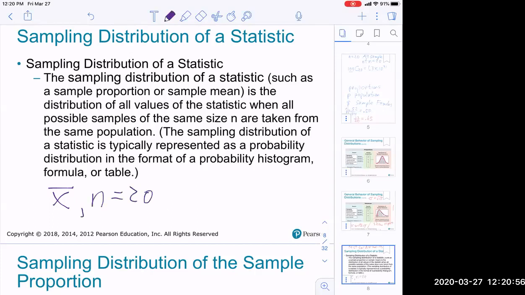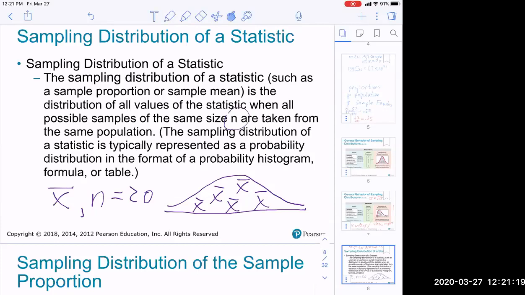And if we could get all of them, the sampling distribution would be normal. And these would now all be means of samples of size 20. n was 20. So that's basically the big takeaway from this.